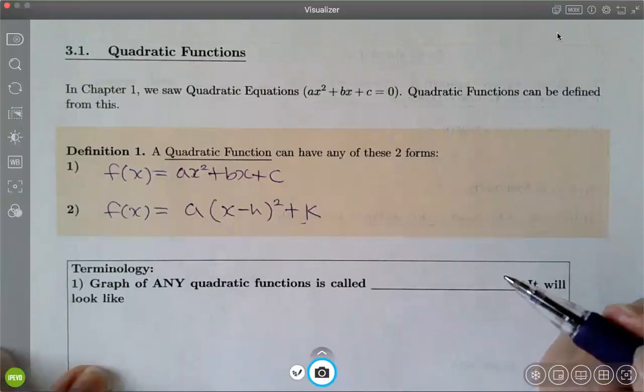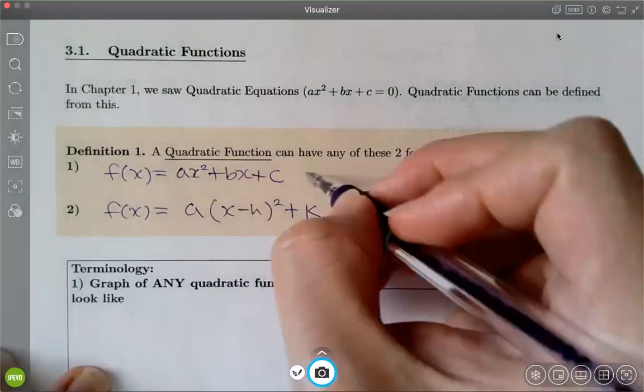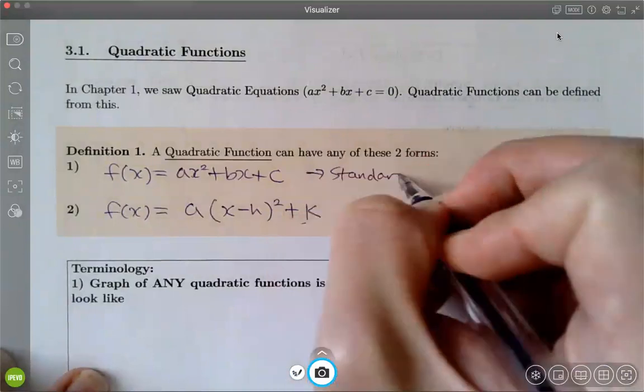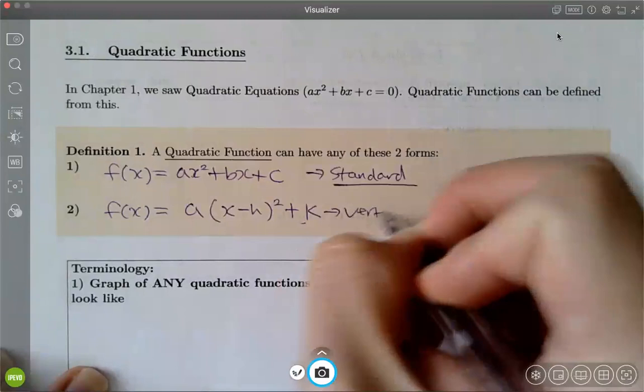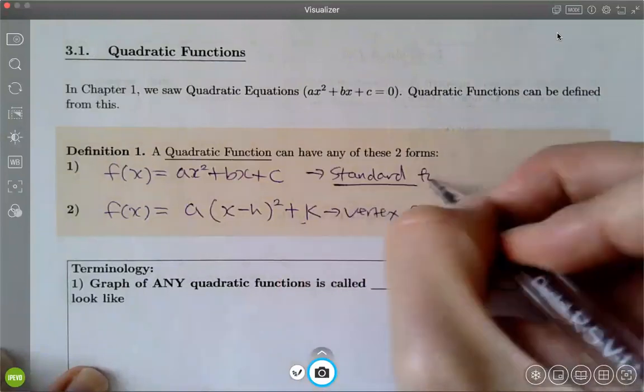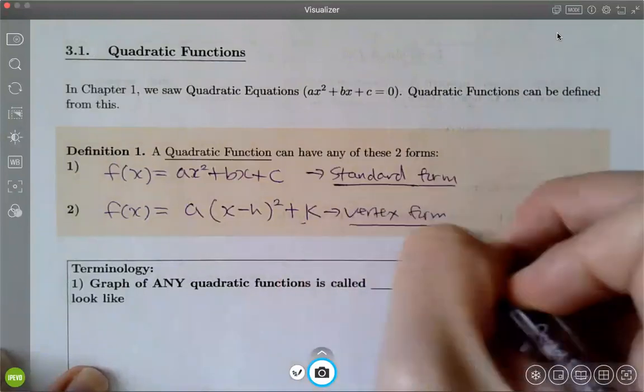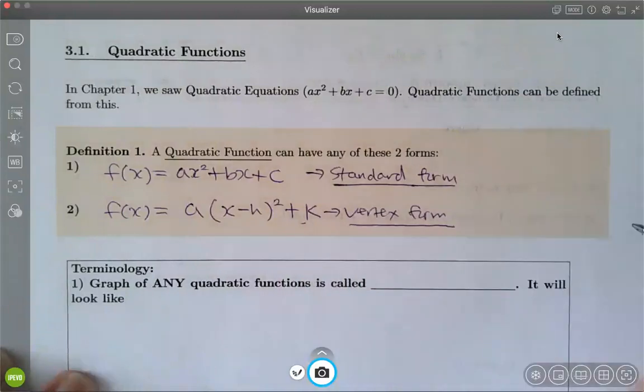So sometimes people say that is the standard form, and that is called the vertex form. But the name is not that important. And you'll see why it's called the vertex form for the second form. There's a reason.